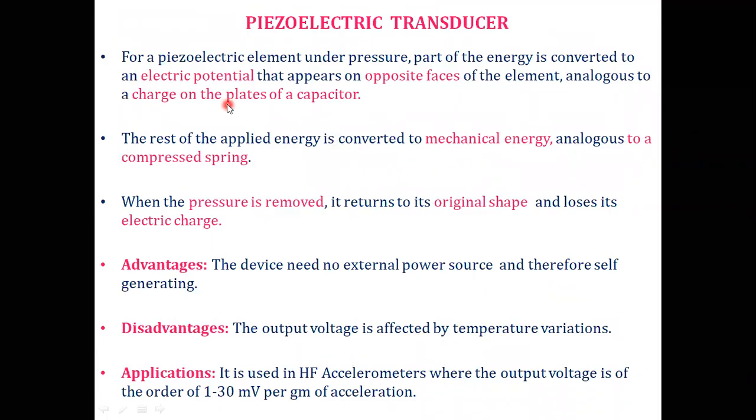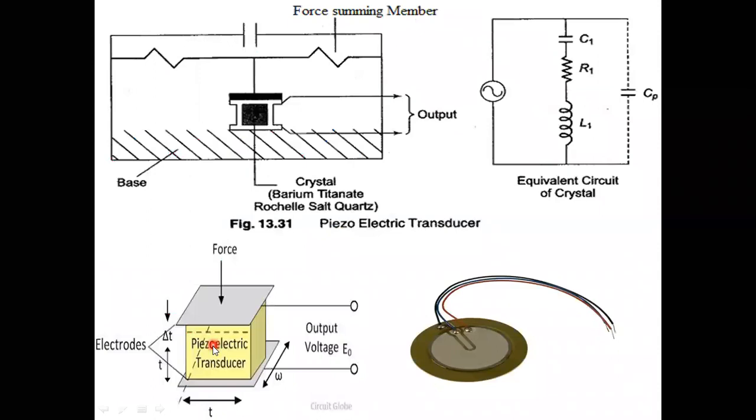Piezoelectric transducer. For a piezoelectric element under pressure, part of the energy is converted to an electric potential that appears on the opposite faces of the element, analogous to a charge on the plates of a capacitor. This is one plate, and this acts as dielectric material.